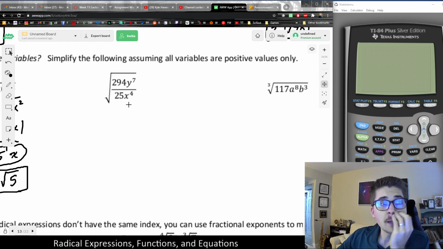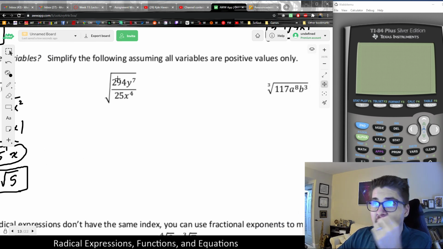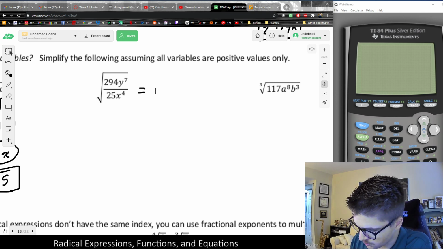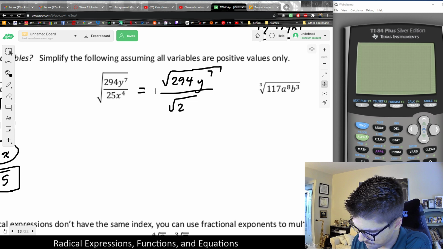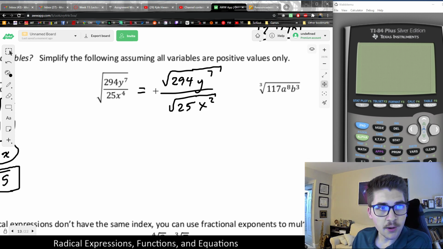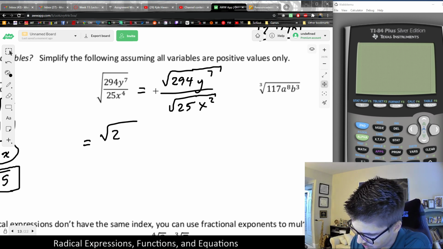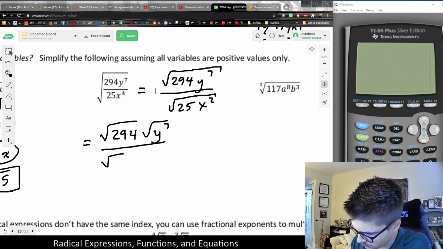Say, for example, we had a fraction such as this, with the square root of this over this. We could apply the same sort of strategy. We could start by splitting the root on top and bottom, and then simplifying each one part by part. So again, I could break it down as root 294 root y to the 7th over root 25 root x to the 4th.